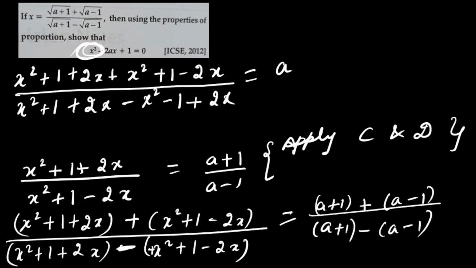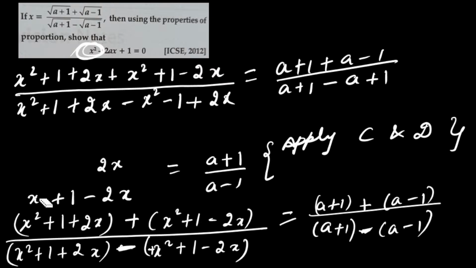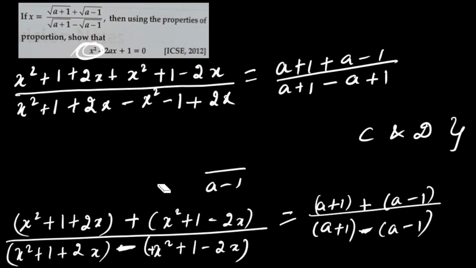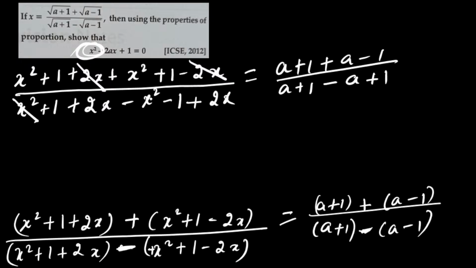So this side I've got a plus 1 plus a minus 1, and in the denominator a plus 1 minus a plus 1. Again same thing, minus is outside, we have to change the inner signs. Don't forget, always do the minus multiplication. Now whatever is getting cancelled we can cancel. So plus 2x and minus 2x will get cancelled. In the denominator x square minus x square, plus 1 and minus 1 will get cancelled.